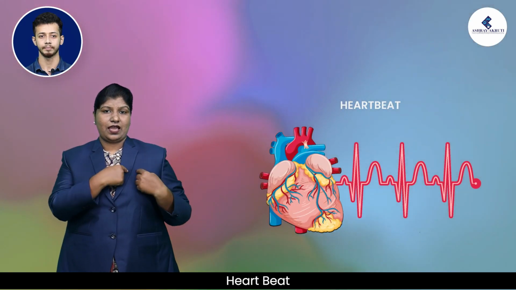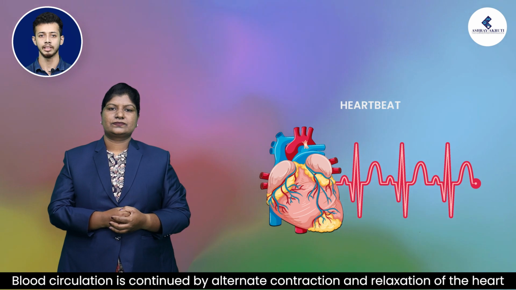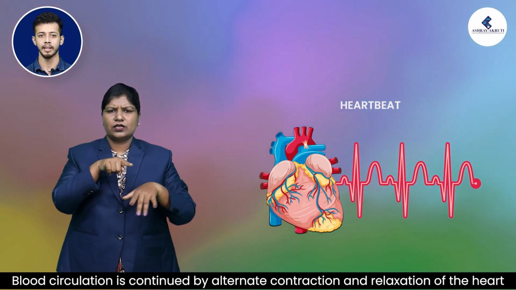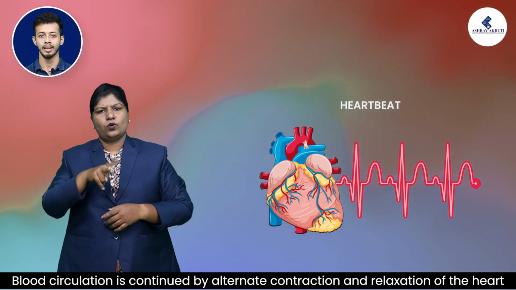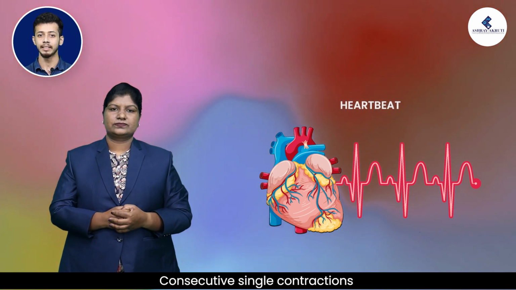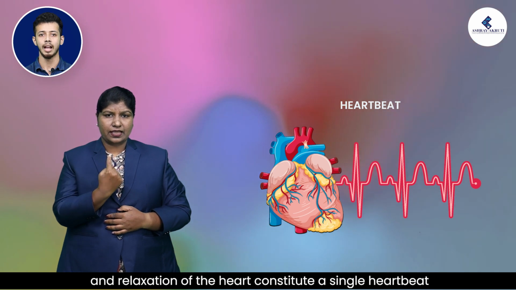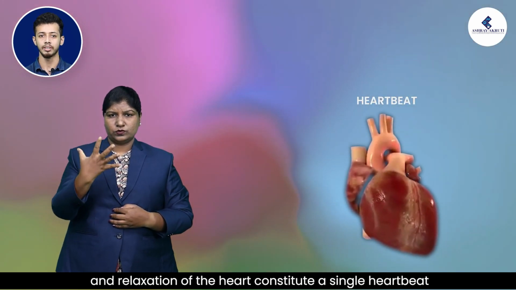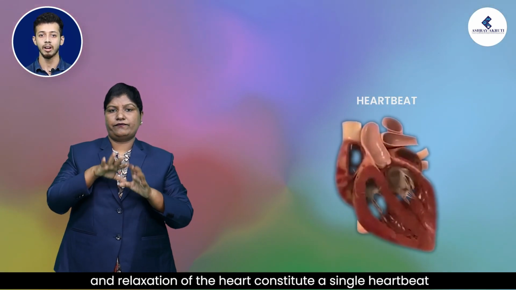Heartbeat. Blood circulation is continued by alternate contraction and relaxation of the heart. Consecutive single contraction and relaxation of the heart constitute a single heartbeat.